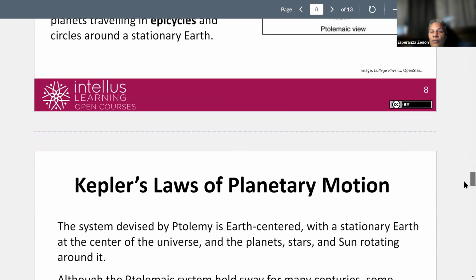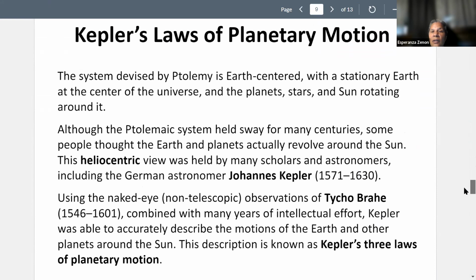Actually, the correct viewpoint is this heliocentric viewpoint where the sun is at the center and the planets actually revolve around the sun. But for a lot of human history, they didn't accept that. They didn't know that.